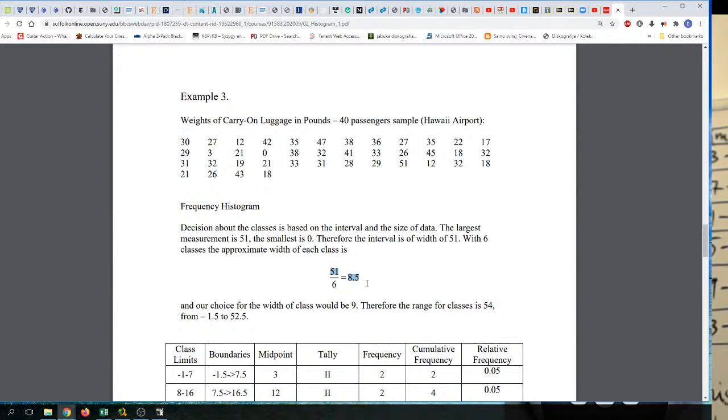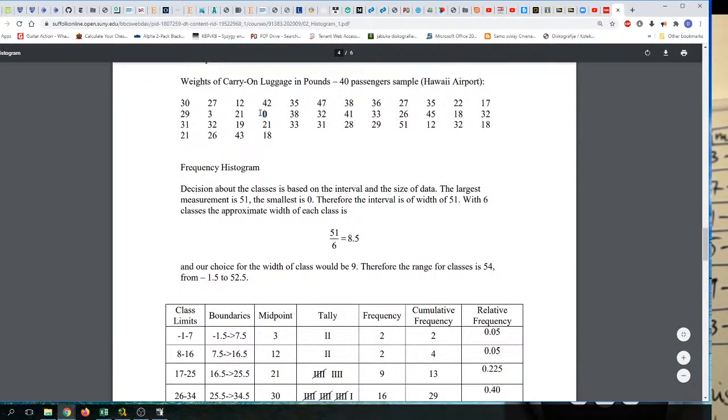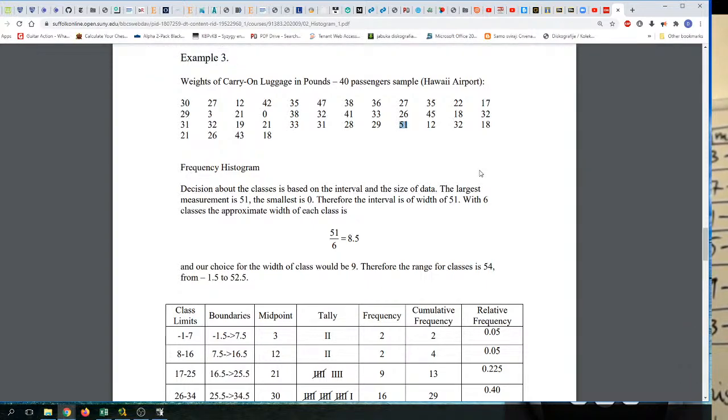Now, 8.5 is the minimum class width to cover all of the data. And again, I don't want to work with fractions, I want to use 9. So if you choose 9, and you need to cover something between 0 and 51 with 6 classes, a width of 9 for each class gives 54.